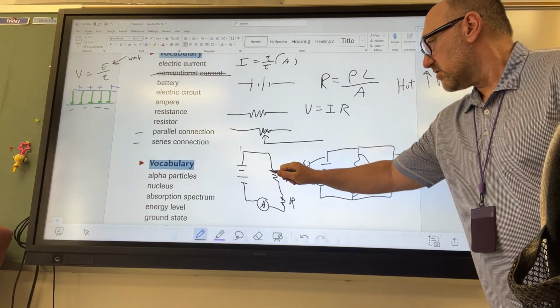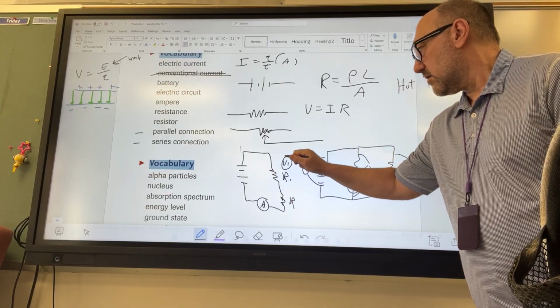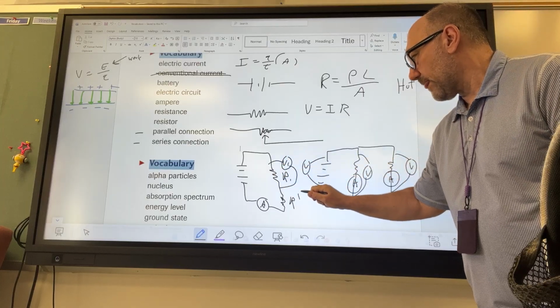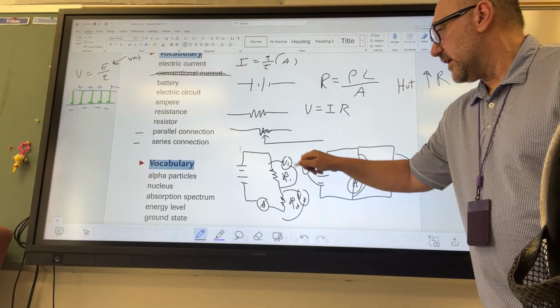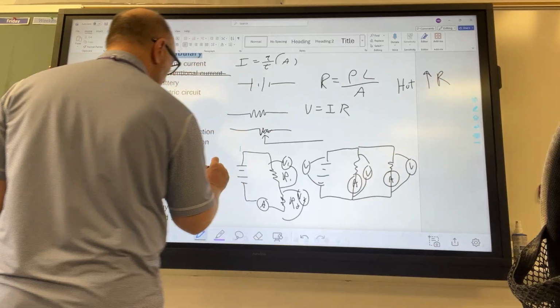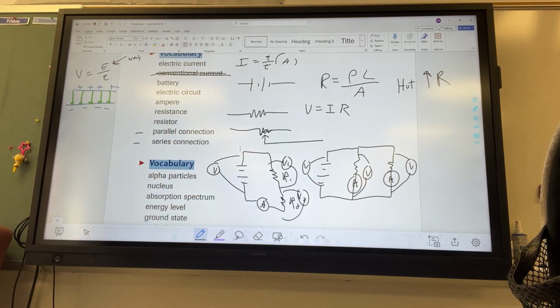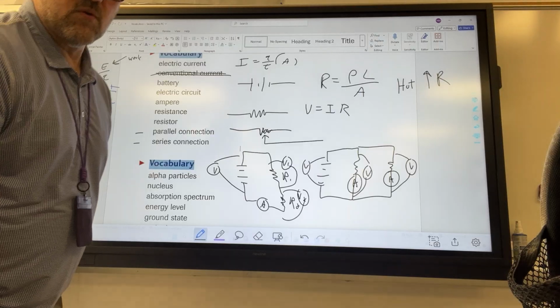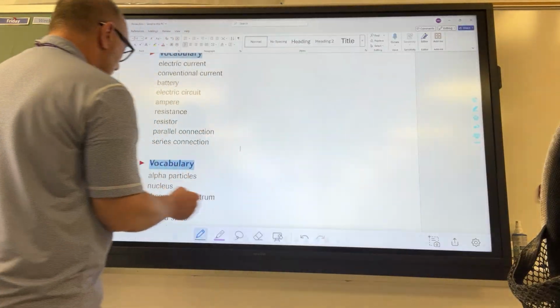Where here, the voltage drop across R1 is V1, and the voltage drop across the second one is V2, and V1 plus V2 would equal the voltage drop across the battery. All right, so let's just go and finish this out.